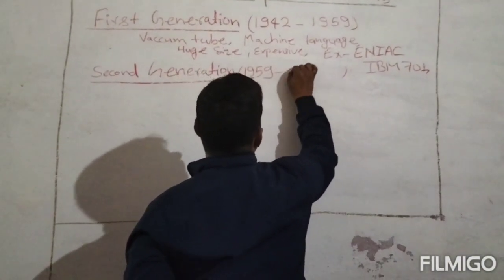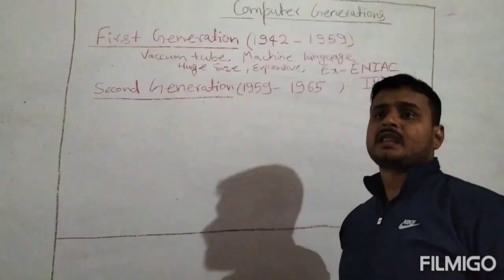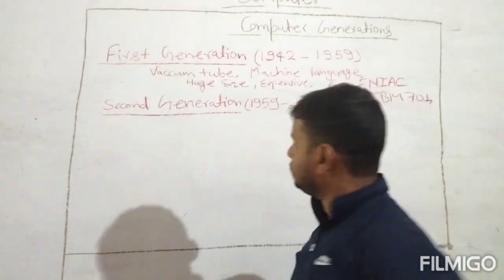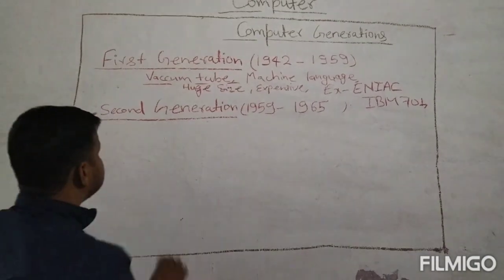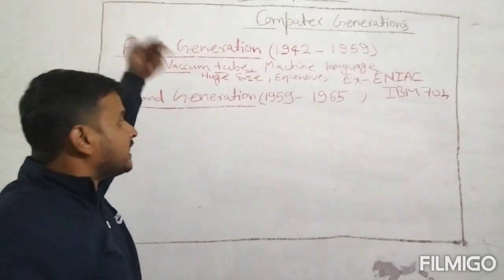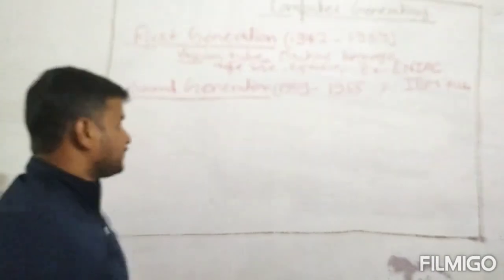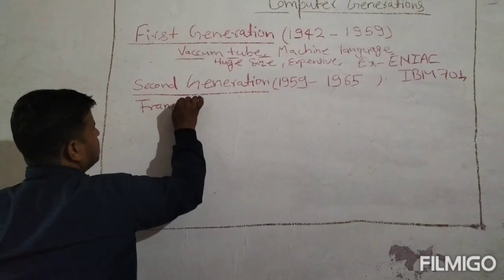In the second generation we used transistors. We removed the vacuum tubes which were used in the first generation.